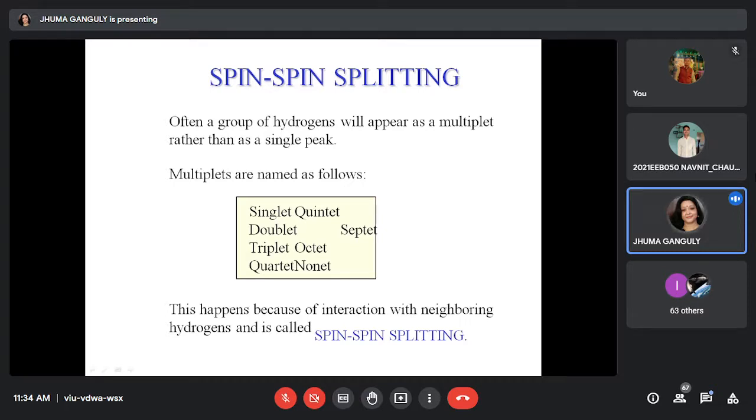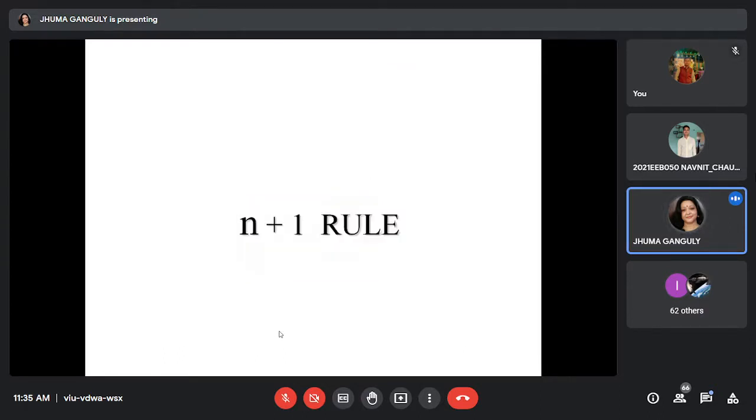If two, doublet, then triplet, quartet, quintet, septet, octet, nonet, etc. This happens because of the interactions with neighboring hydrogens. So the role of neighboring hydrogen is very important to understand the spin splitting. This is what we find as the n+1 rule, the thumb rule for NMR splitting.